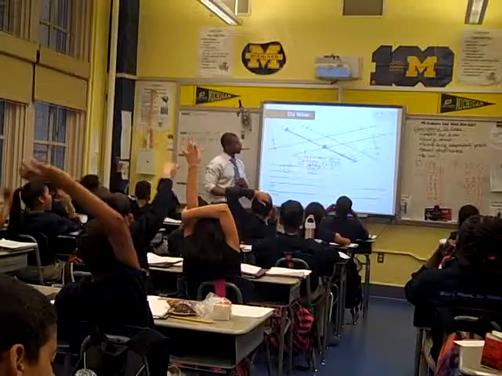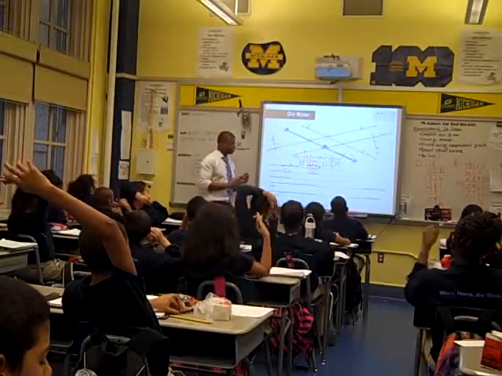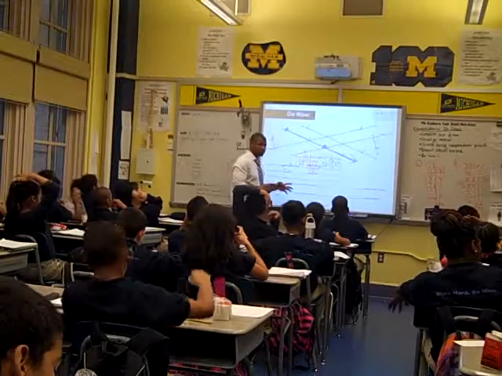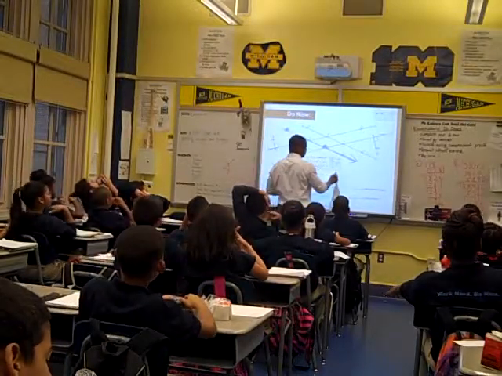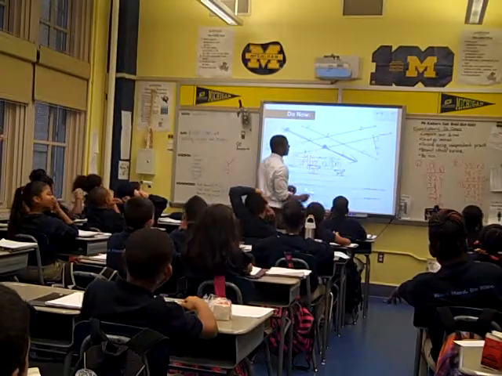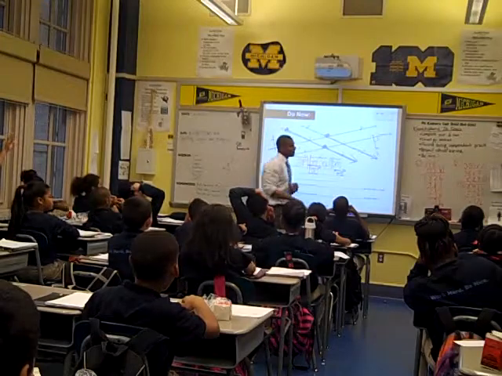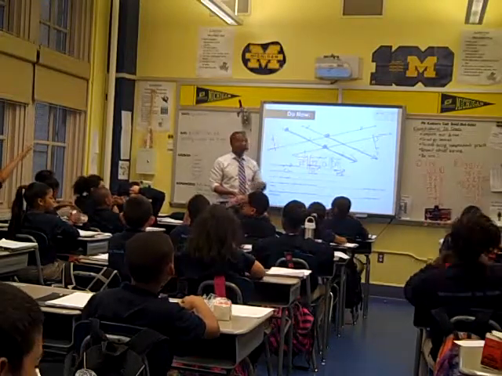Who can give me another ray on a different line? FI, starting at F, going through I forever and ever. Would that be a ray?